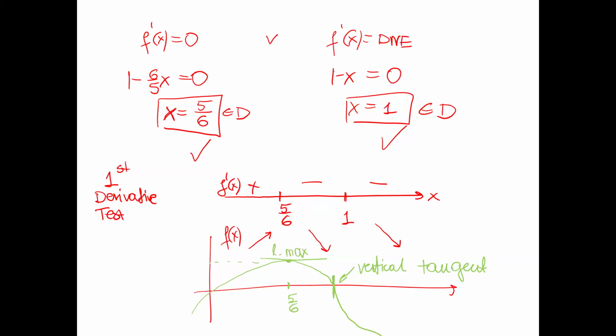In order to find the value, we have to substitute 5 over 6 into the original formula of the function.